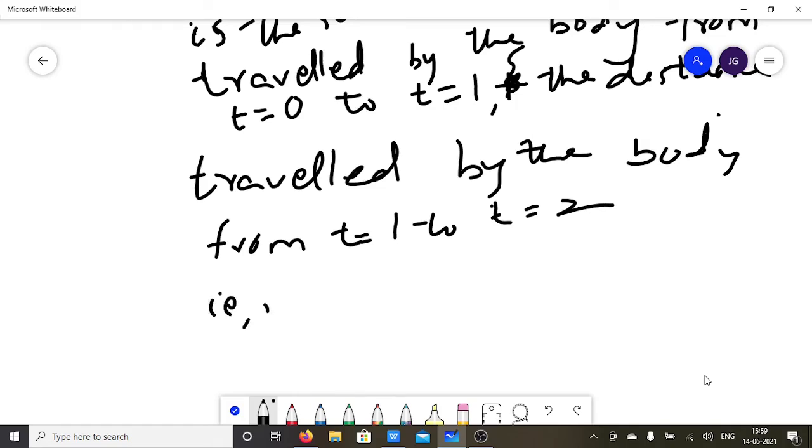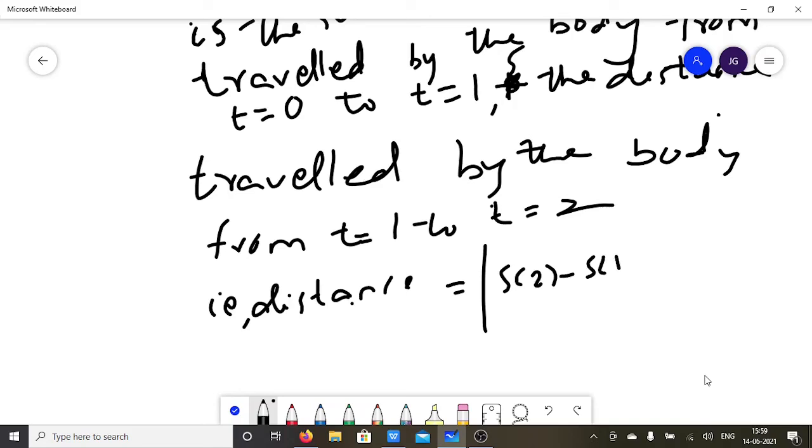That is, distance is equal to modulus of s of 2 minus s of 1 plus modulus of s of 1 minus s of 0.